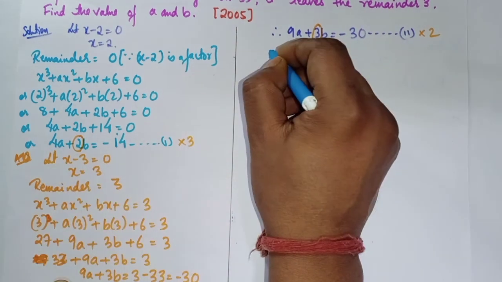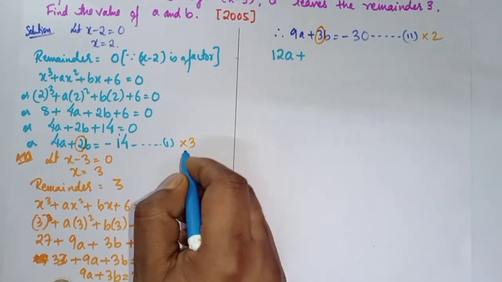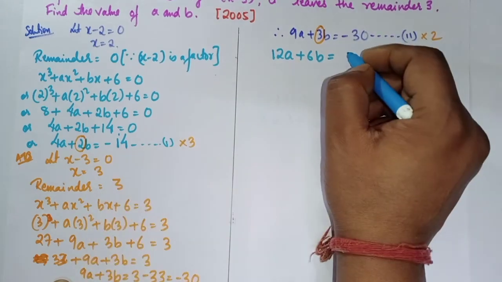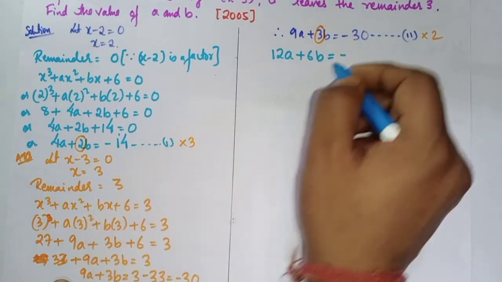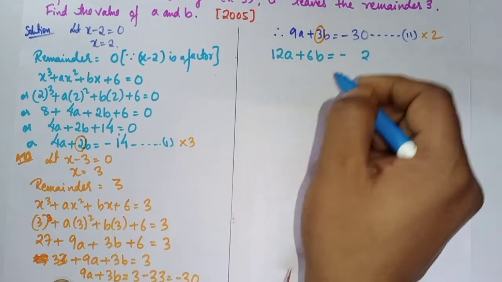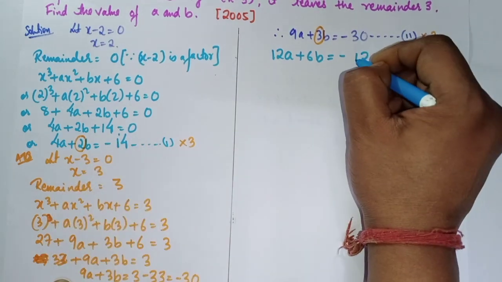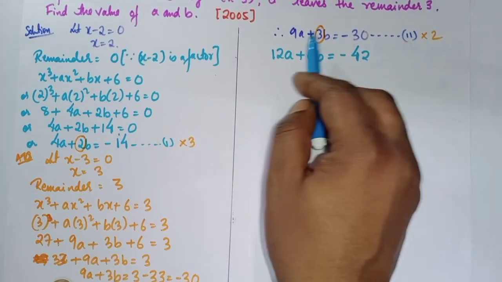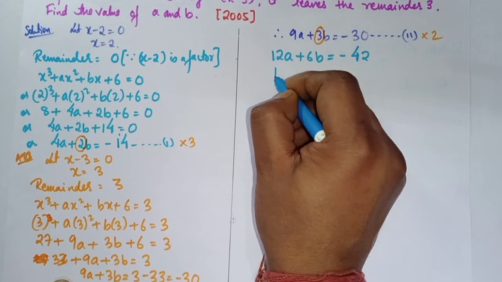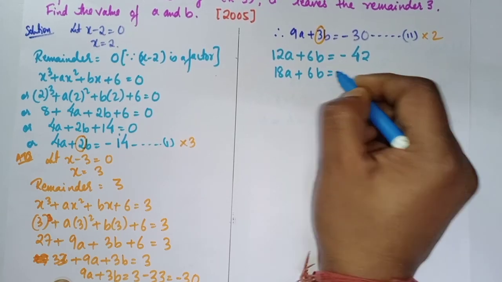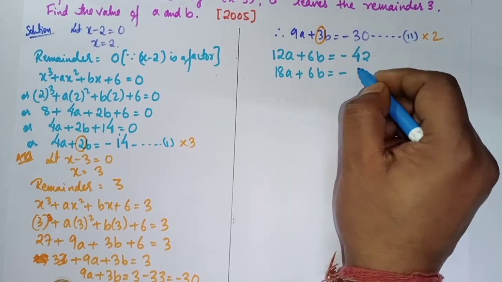3 4s are 12a plus 3 2s are 6b equals 3 times minus 14, minus 4 3s are 12, so I got minus 42. Now by 2: 9 2s are 18a plus 3 2s are 6b equals minus 3 2s are 60.